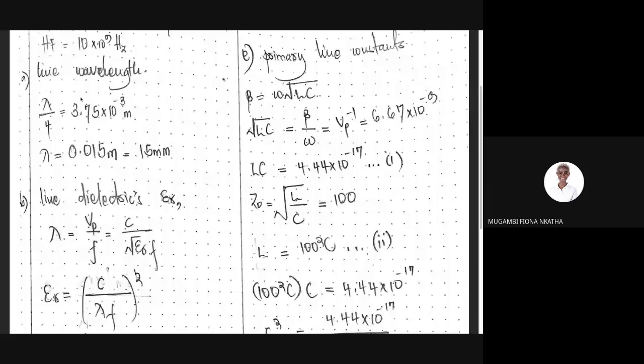So the primary line constants in play in this question are just L and C.